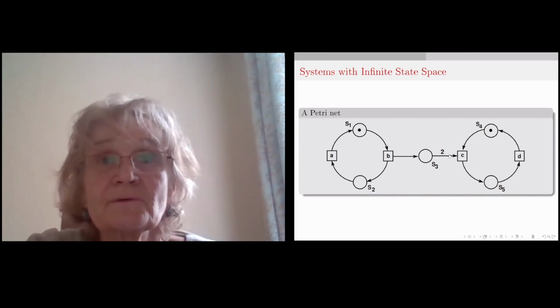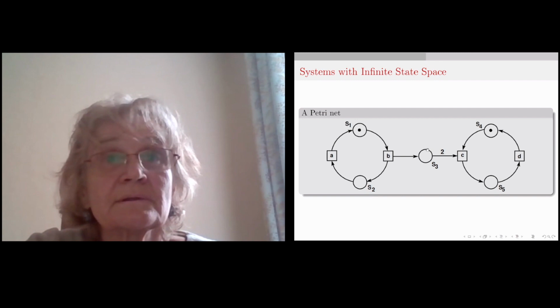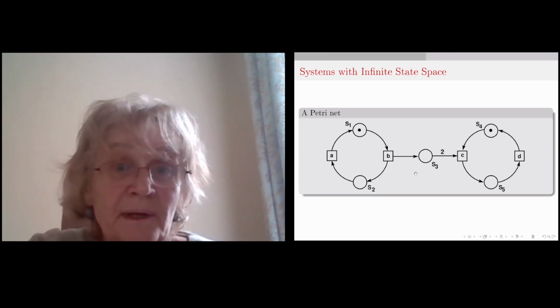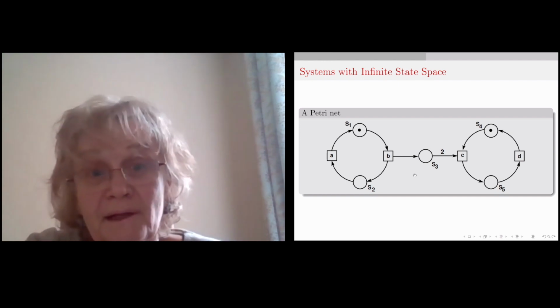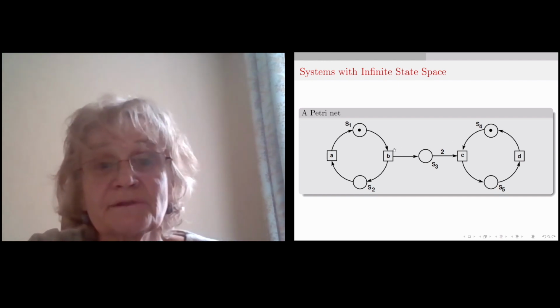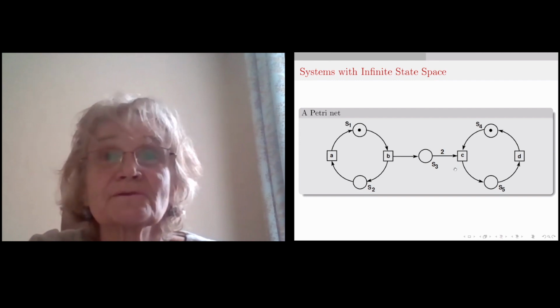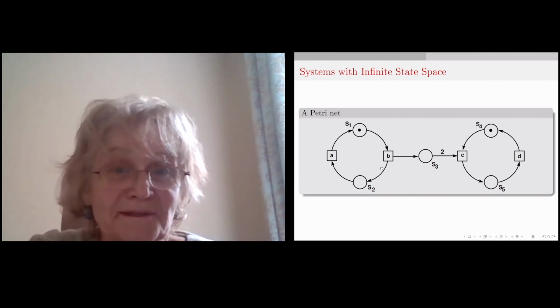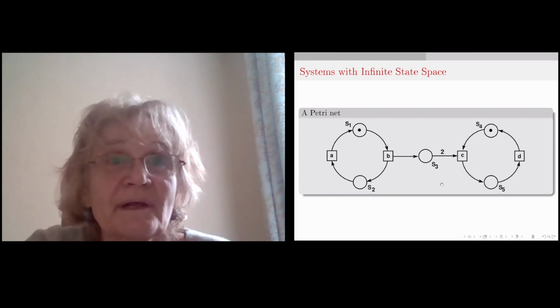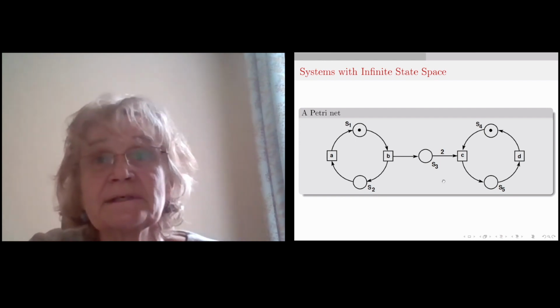So it's easy to see that this buffer is not bounded, there may be any number of tokens, and this is a natural thing. It is just the interaction of two automata in distributed systems. So Petri nets are very helpful for such things.